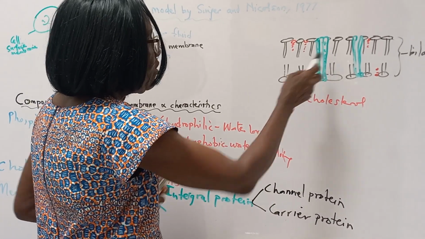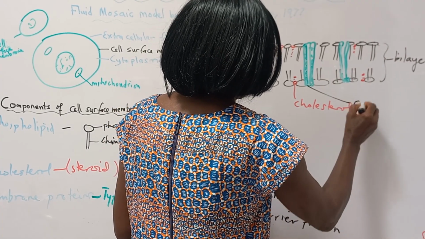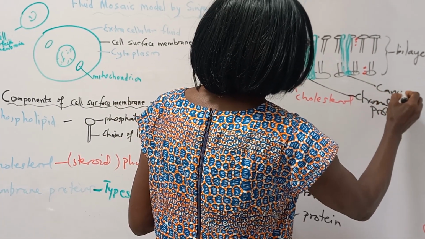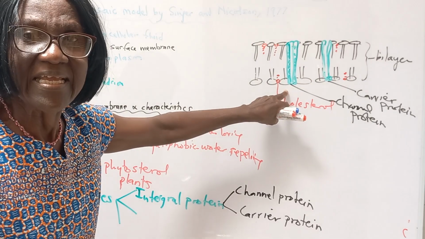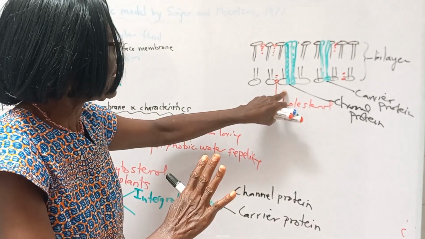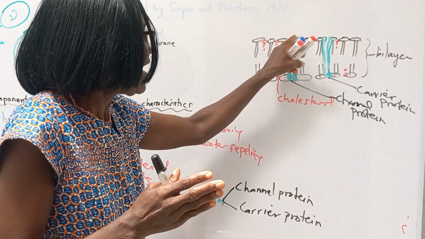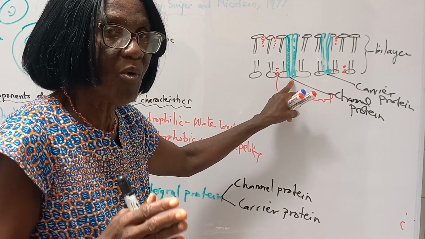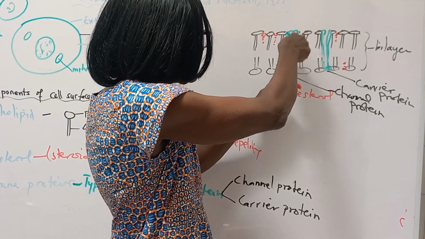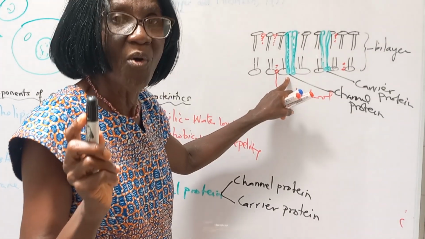This is a channel protein. This is a carrier protein. The channel protein has a fixed structure with a hydrophilic pore or channel, and substances are transported through the pore or channel.